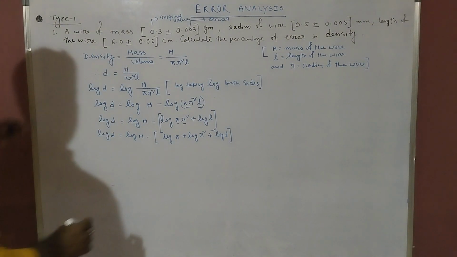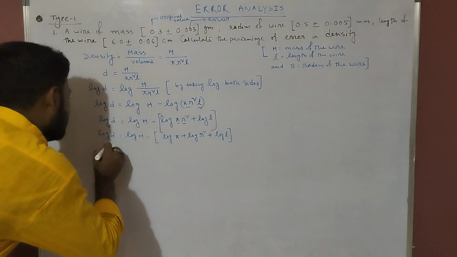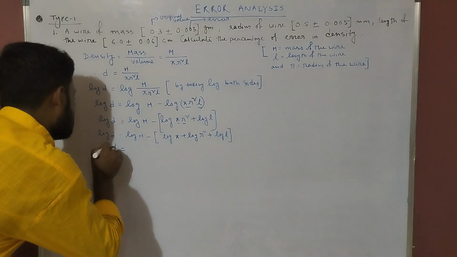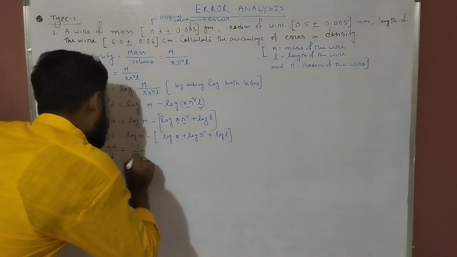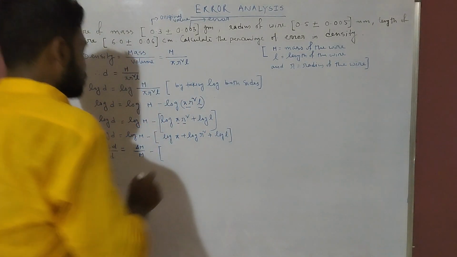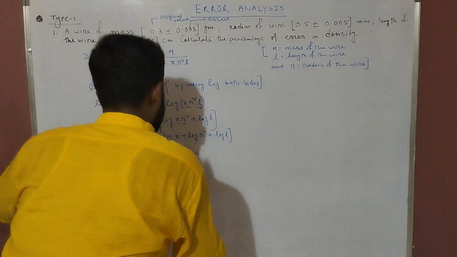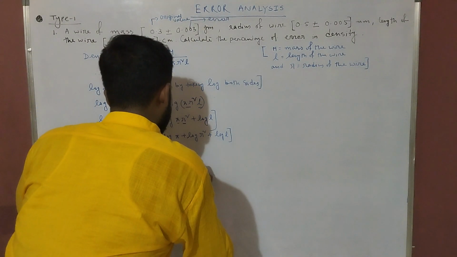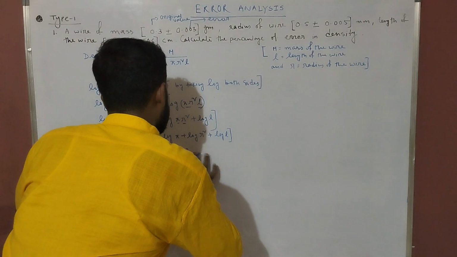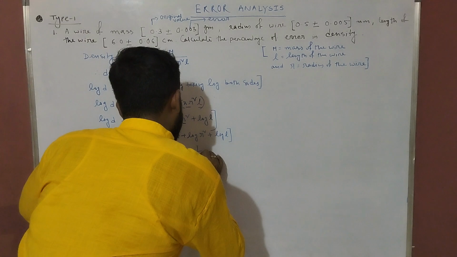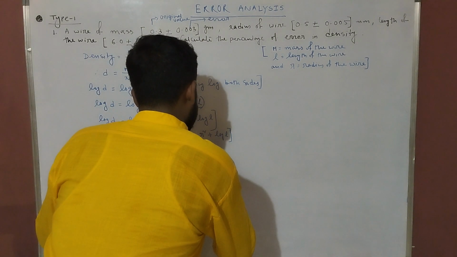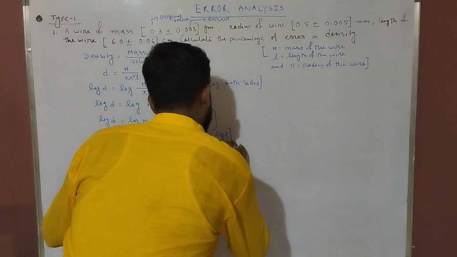Now by differentiating both sides we get log d means 1 by d del d, log m means 1 by m del m minus, this is constant so this will be 0, plus this 2 will come there, so 2 into 1 by r del r plus 1 by l del l.